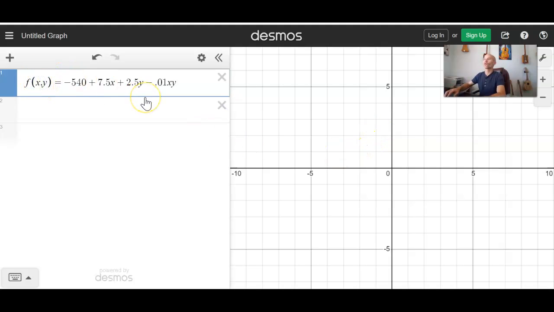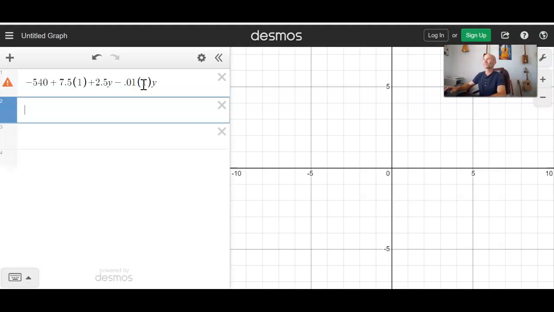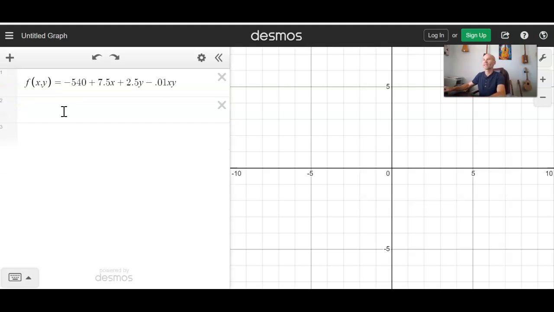So we said let's hold x constant at 1. I'm going to plug in 1 for x over here as well, and it doesn't really show me anything. So I have to get a little bit more creative here. The graph that I want is this one right here.